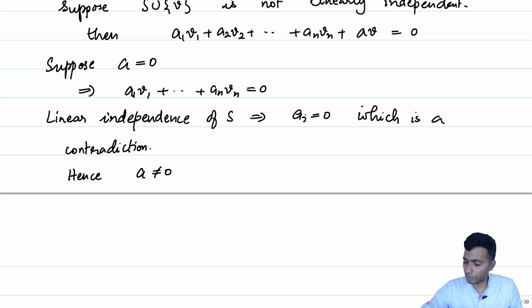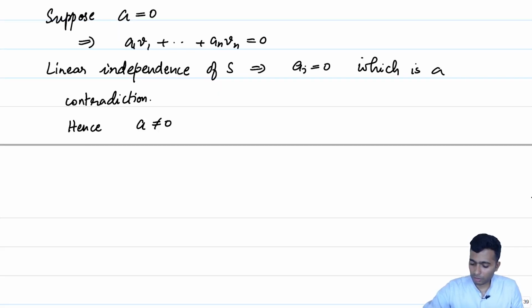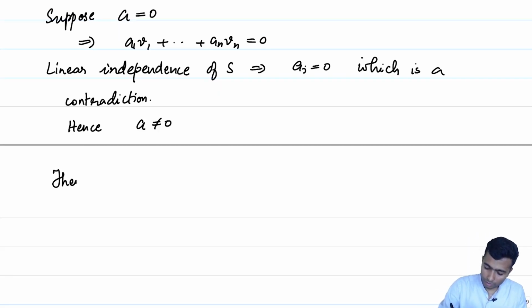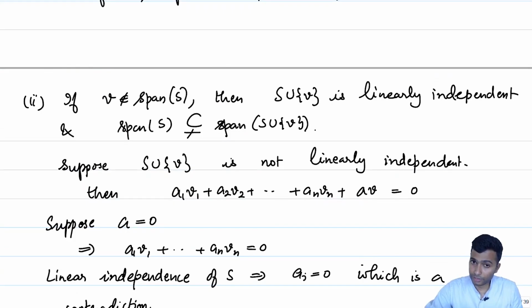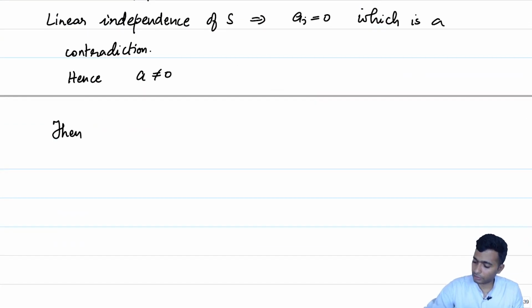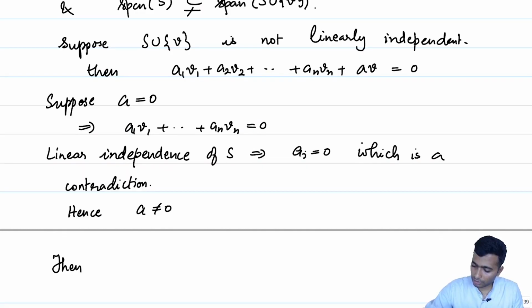But if a is not equal to 0, then again what is our assumption? V is not in span of S, right? Then let us just rewrite this equation star.